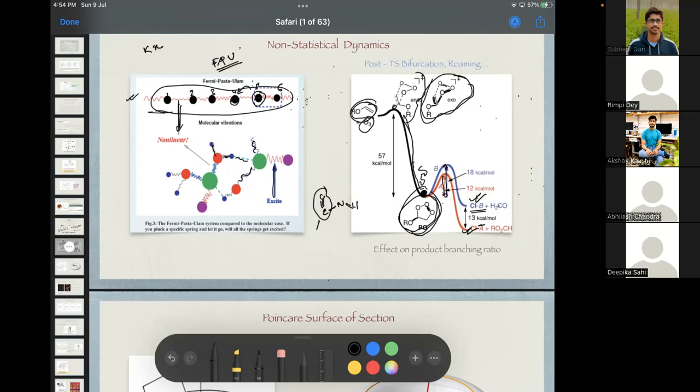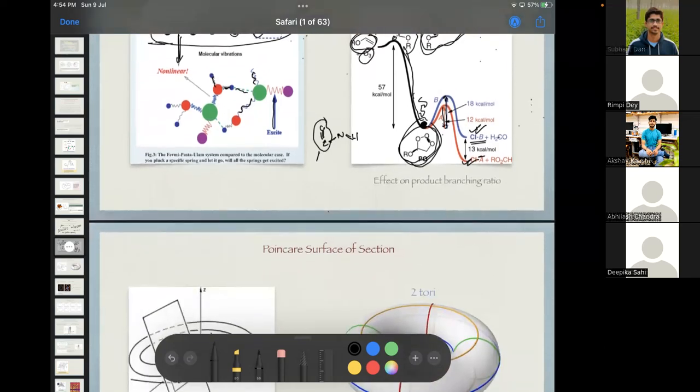Now, let's imagine if we control, or if we systematically dump a certain amount of energy into a particular vibrational mode of our choice, of our interest. So let's talk about a simple molecule, formaldehyde. Let's take this example, right?